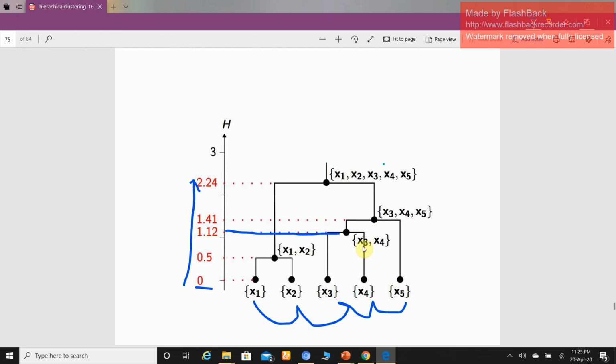At the 1.41 level, x3, x4 and x5 are merging. At the 2.24 level, x1, x2 merge with x3, x4, x5. Finally this is the cluster. Like that we have to prepare the hierarchical cluster based on the agglomerative technique with the help of the single link method.